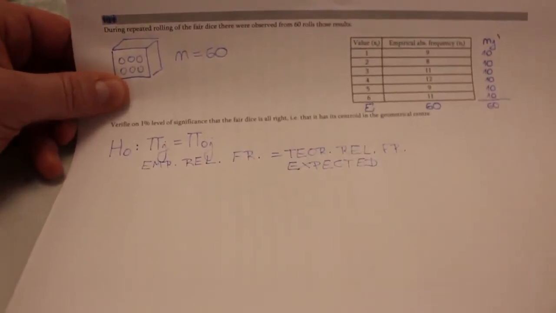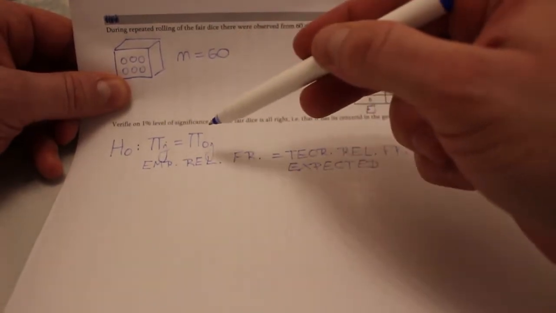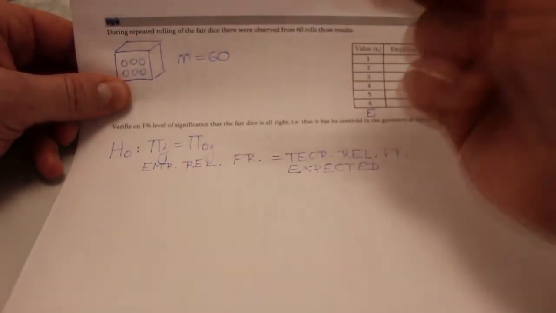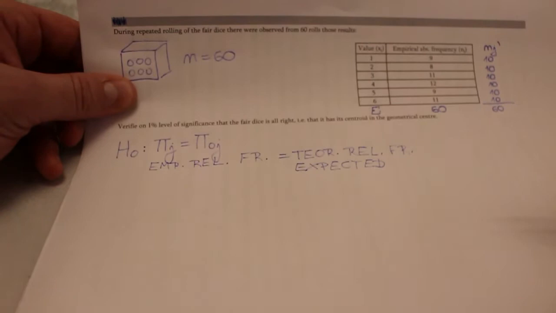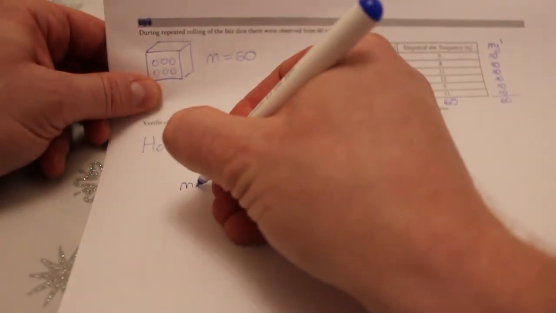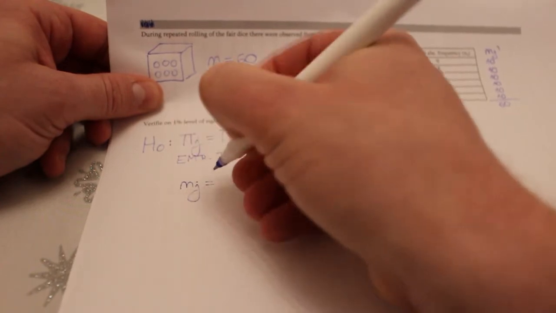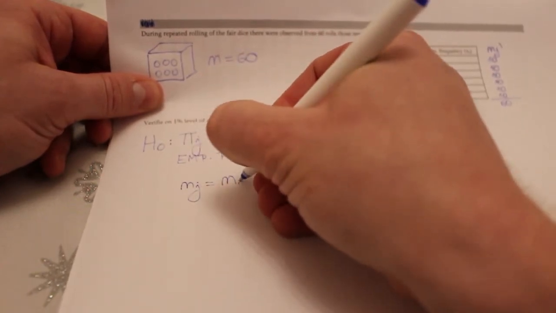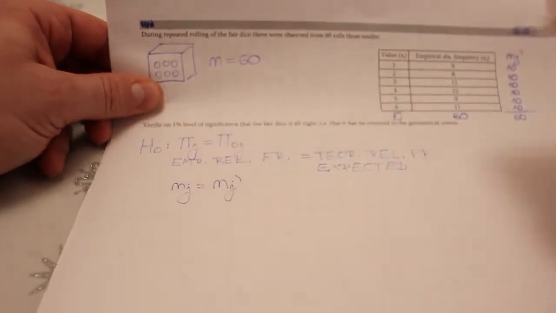We can also write here, instead of relative frequencies, that Nj is equal to Nj with stripe. Why?